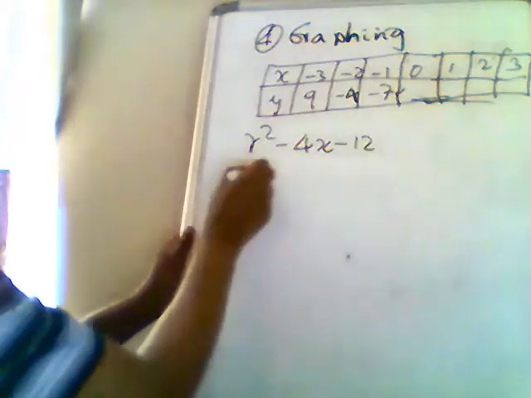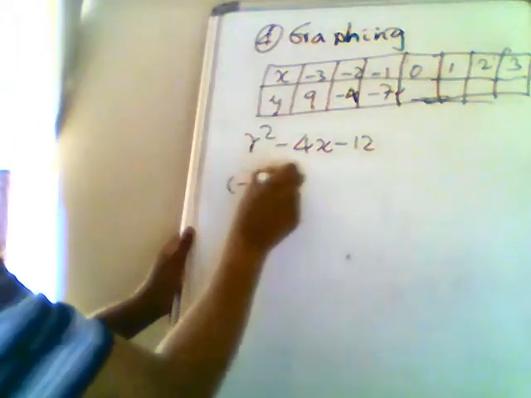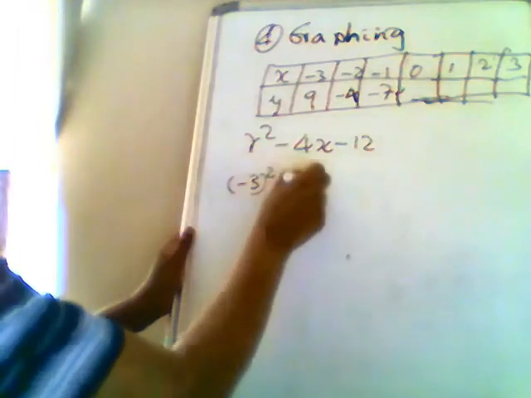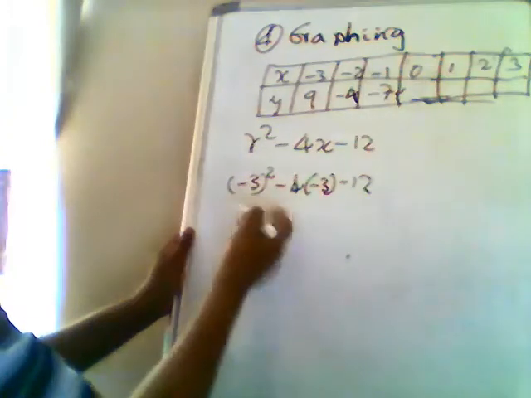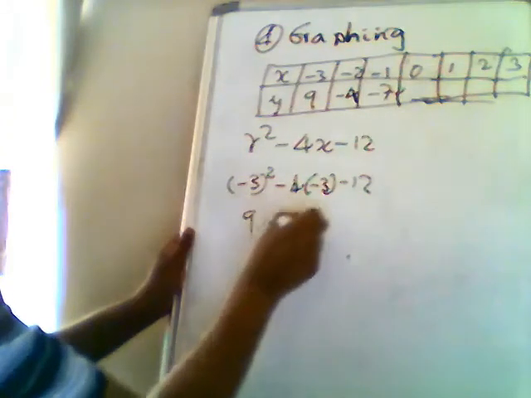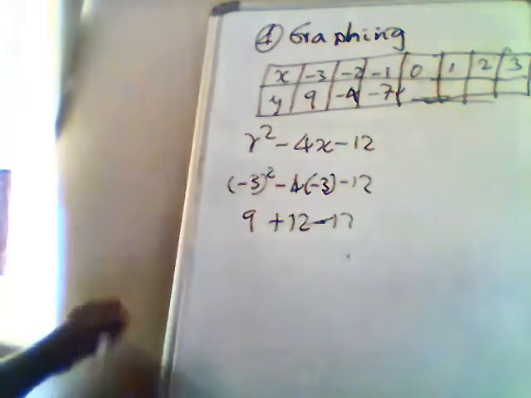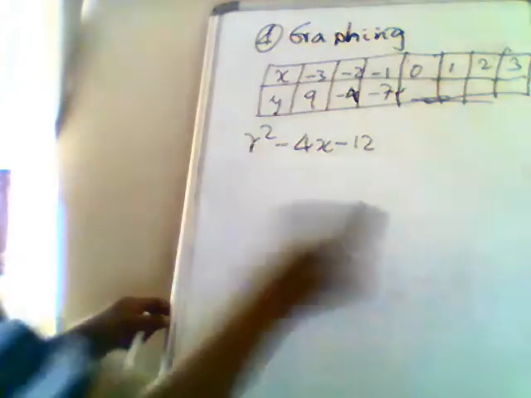So we have -3 squared, -4 times -3, -12. So 9 plus 12 minus 12, that's correct, so we're happy there.